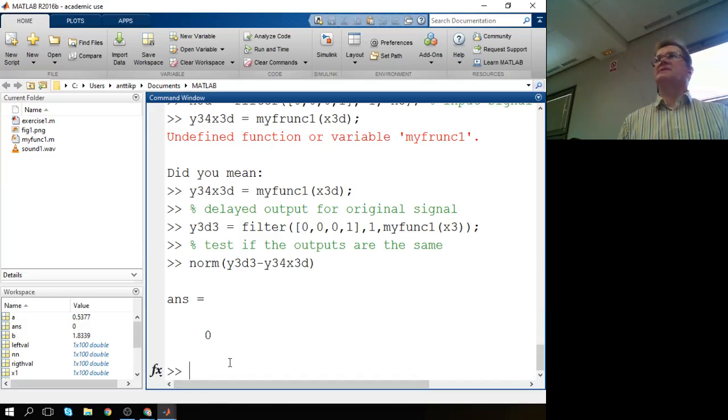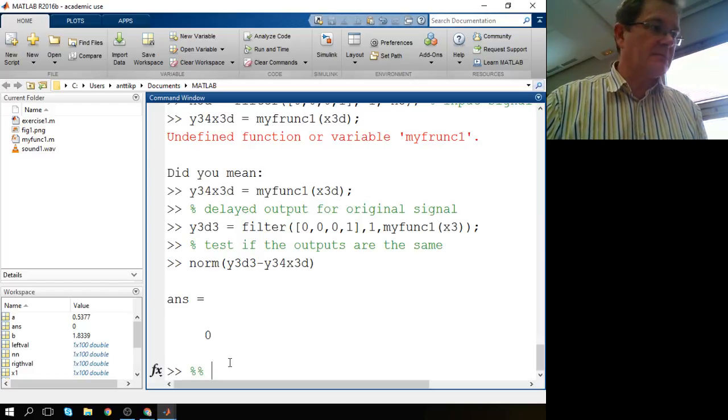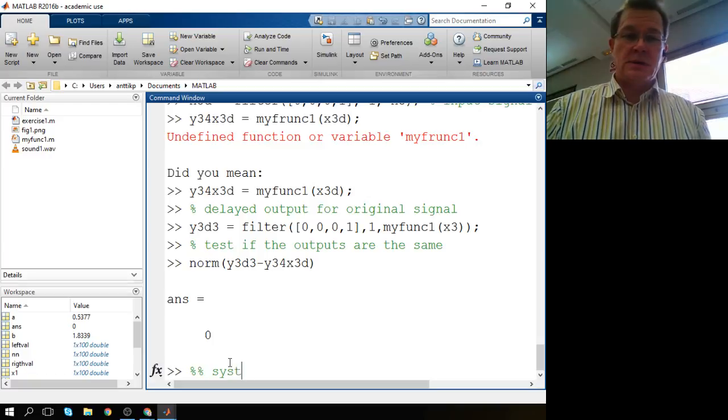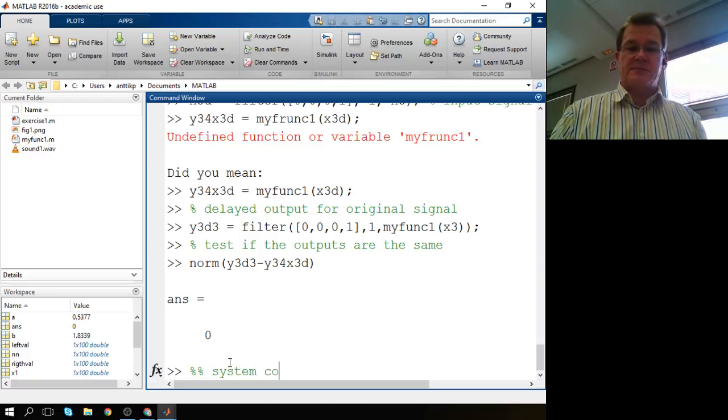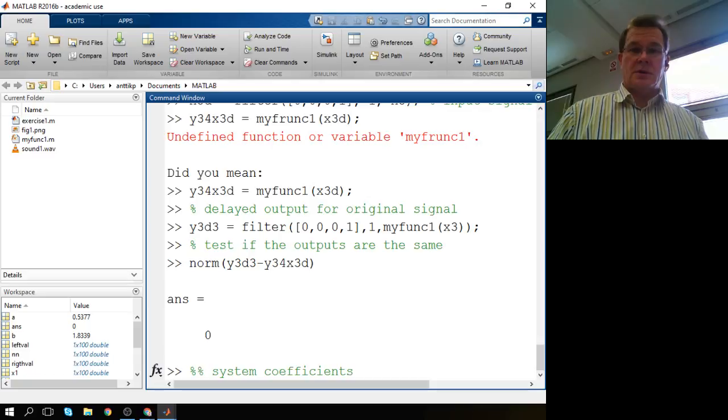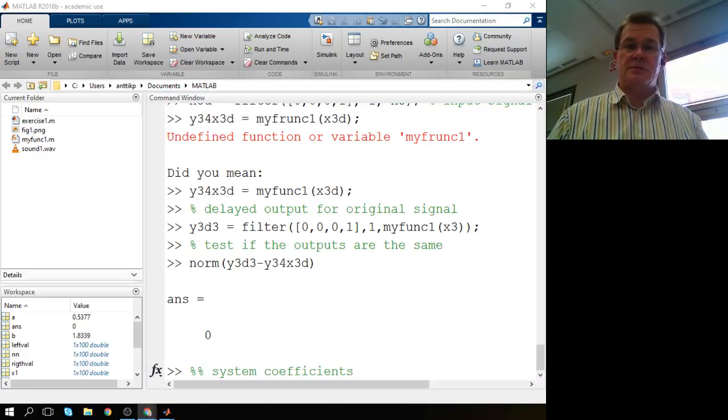So what to do with the system on MATLAB then? We can actually define the system coefficients. Maybe I'll just repeat it.